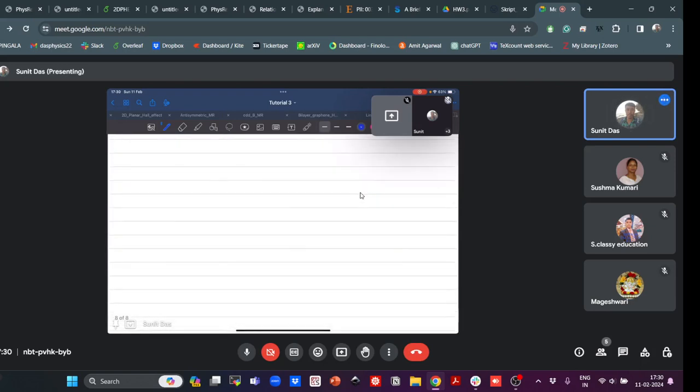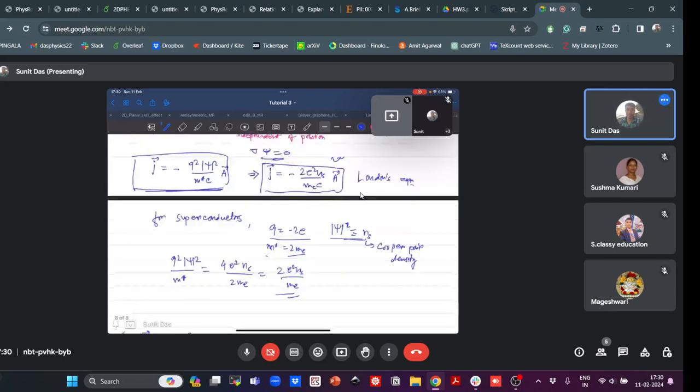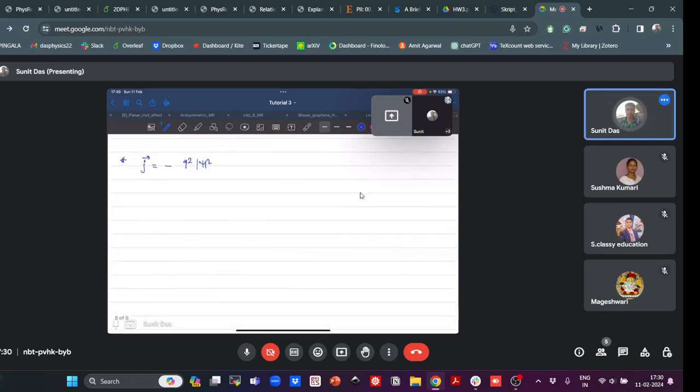So we have j equal to minus q square mod psi square by m star c, a, right?